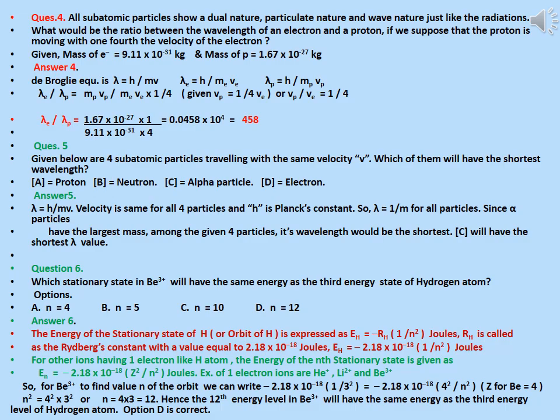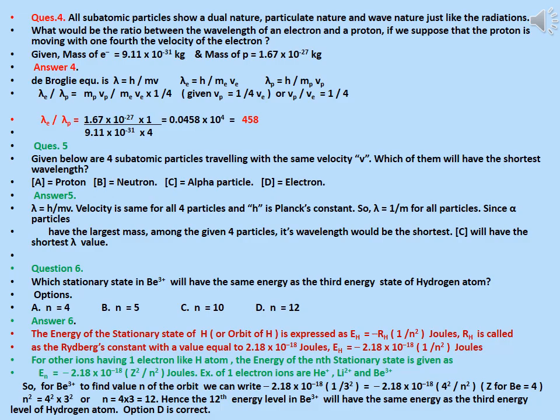Coming to question number 6. This question deals with Bohr's orbit, or we can also call these orbits stationary state or energy state. I have given 3 names: Bohr's orbit, stationary state, or energy state. Why stationary?